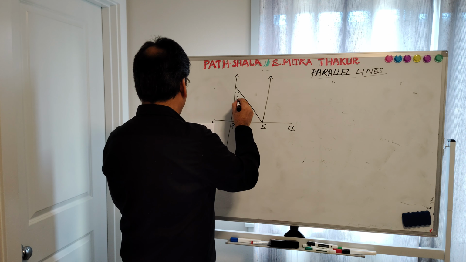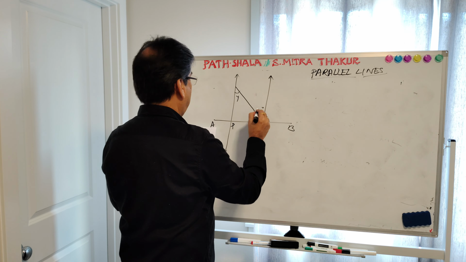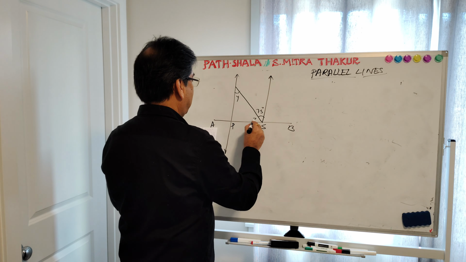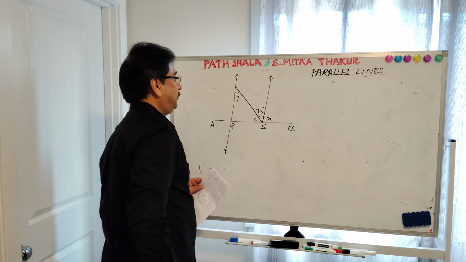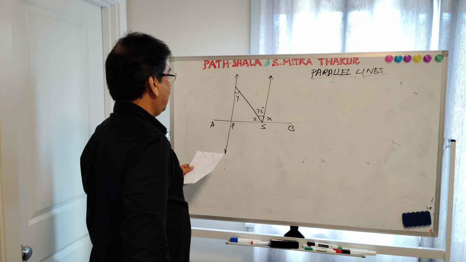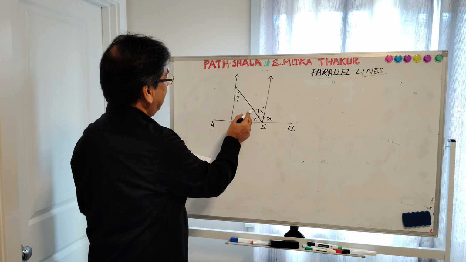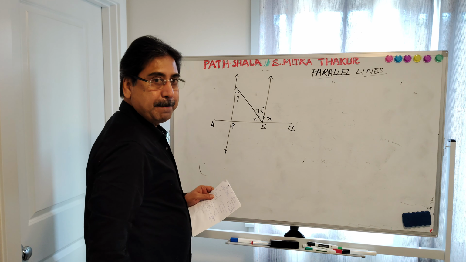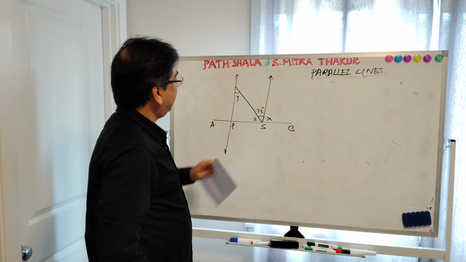This is the Y degree, and it is 75 degree, and it is Z, it is X, right? Here it is 75 degree. So Y is equal to 75 degree, alternate interior angle.